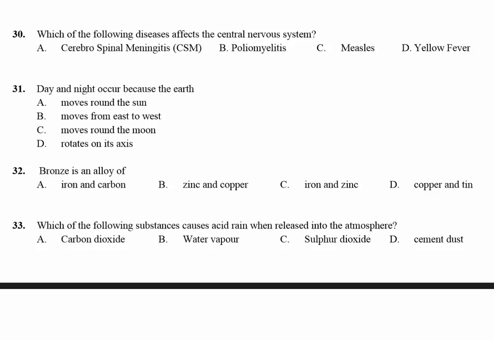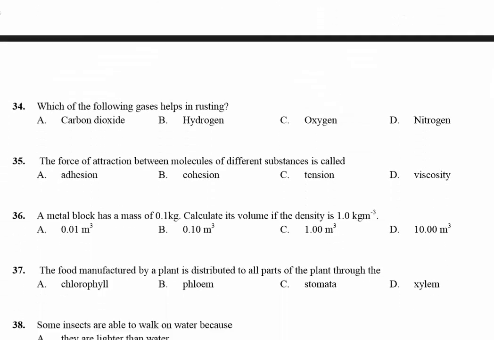33. Which of the following substances causes acid rain when released into the atmosphere? And the answer is sulfur dioxide. 34.